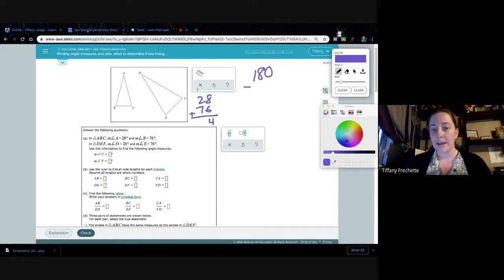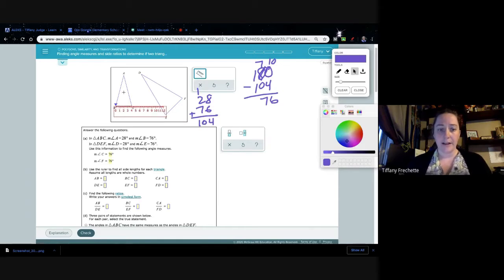So I add and get 104. I subtract 104 from 180 and I get 76 for both of these angles. 76 and 76.